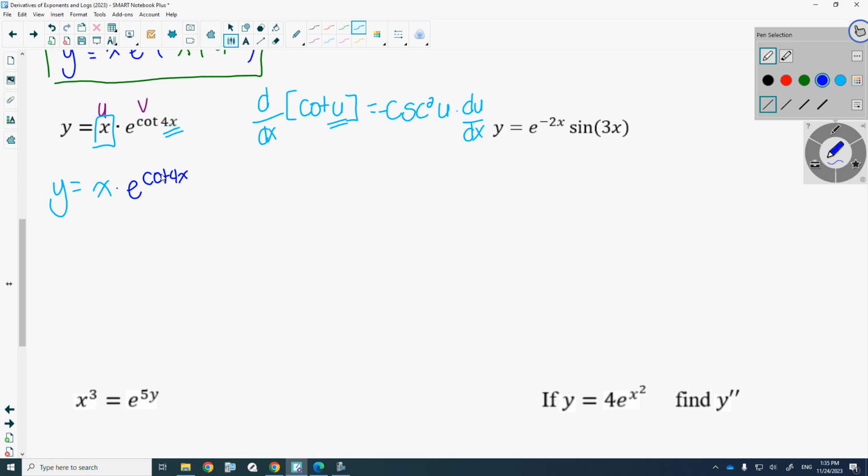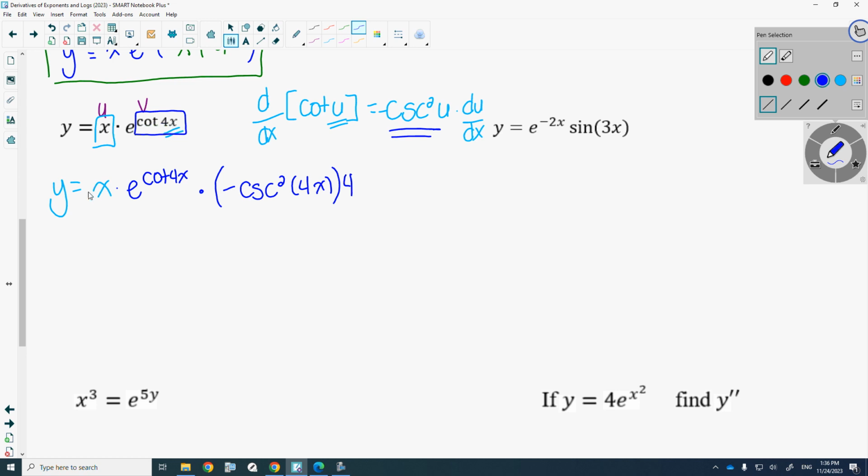And then we multiply it by the derivative of cotan. So the derivative of cotan is negative cosecant squared of 4x, and then I multiply by the derivative of the argument, which is 4.